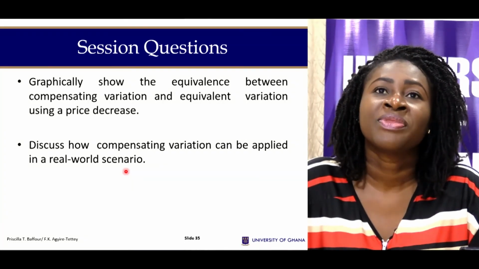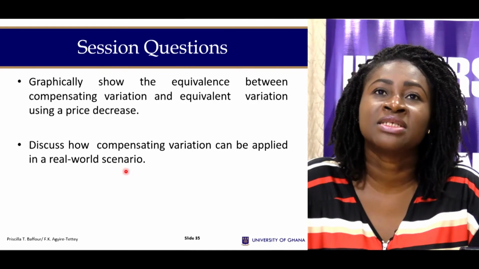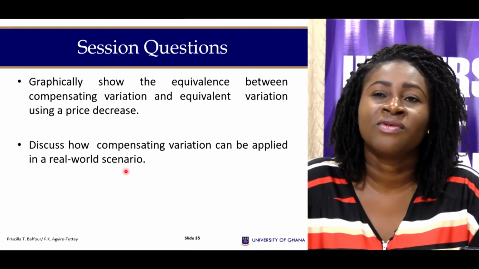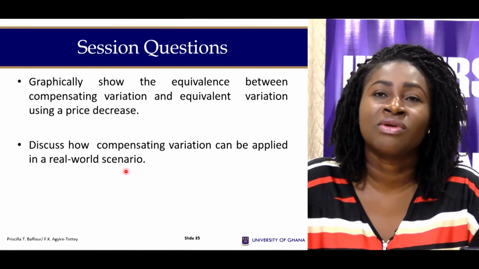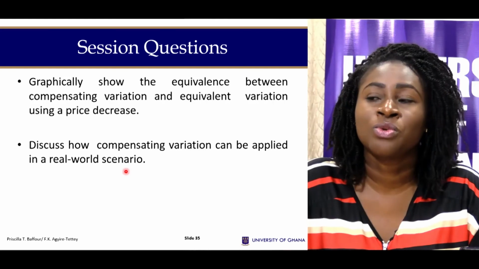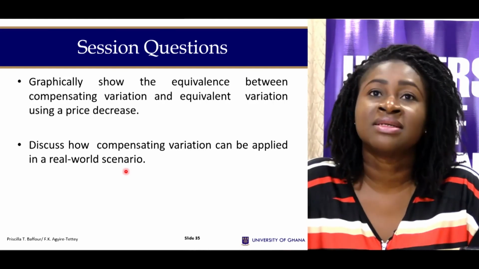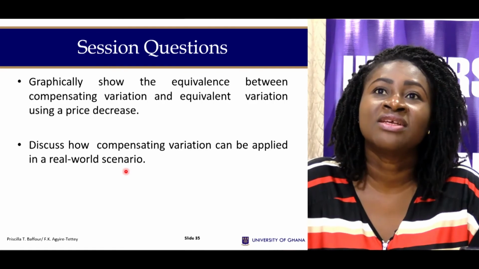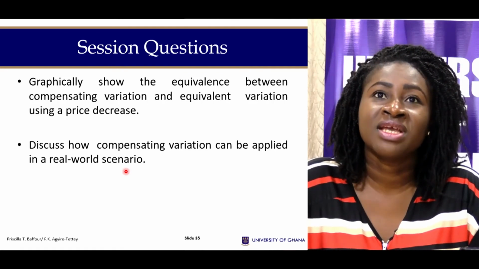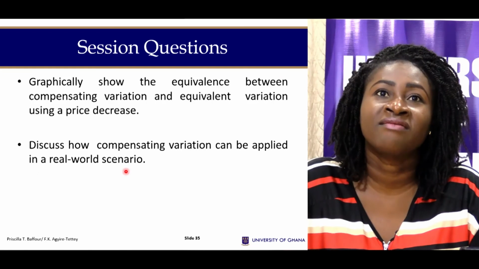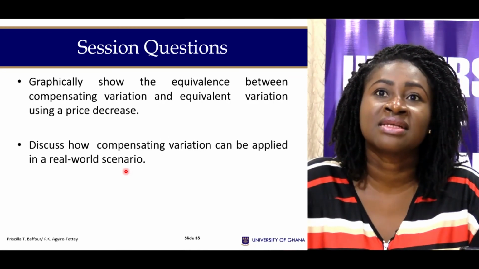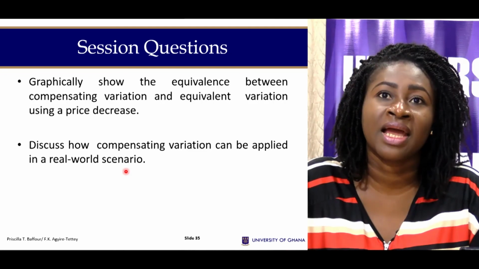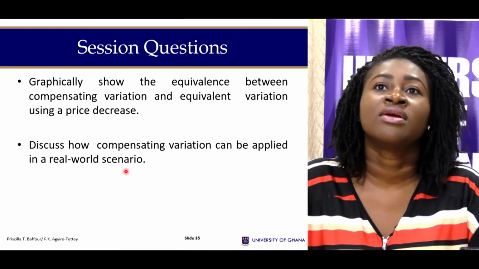So in summary, we have discussed some applications of consumer theory in terms of looking at equivalent variation and compensating variation, and we have looked at how the consumer is able to arrive at optimum bundles. I would ask you to graphically show the difference between equivalent variation and compensating variation using a price decrease, and discuss how compensating variation can be applied in a real world scenario. Good luck.